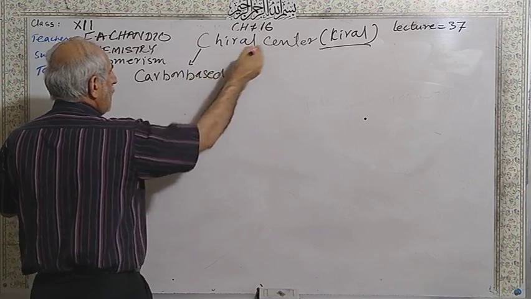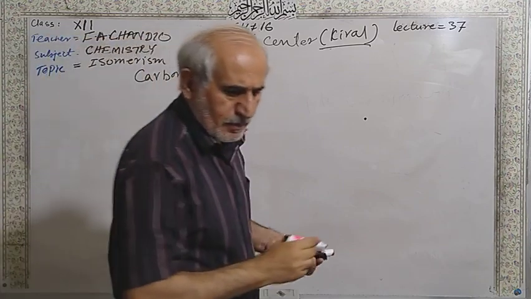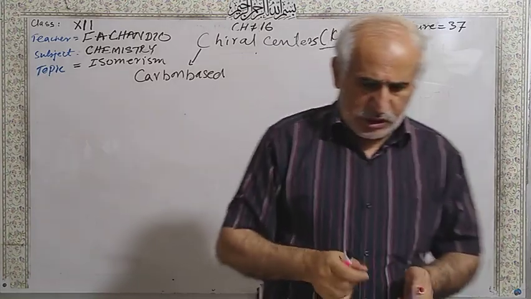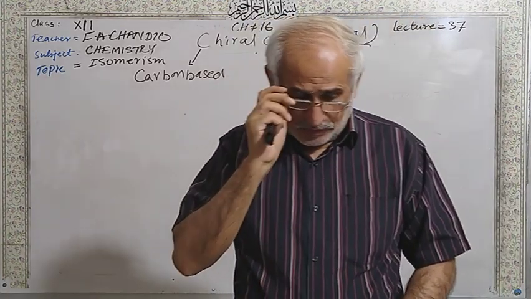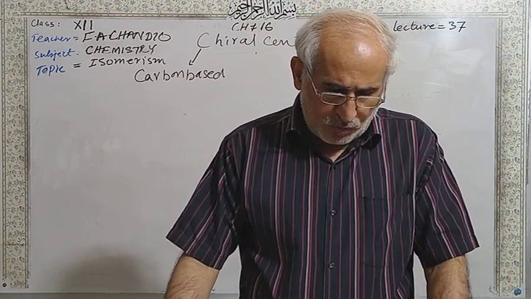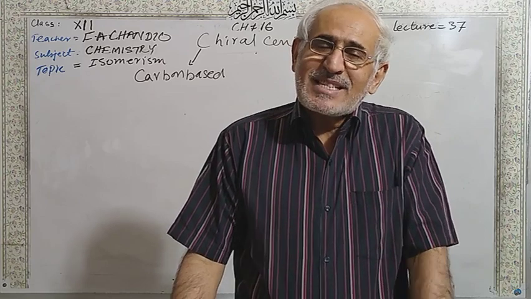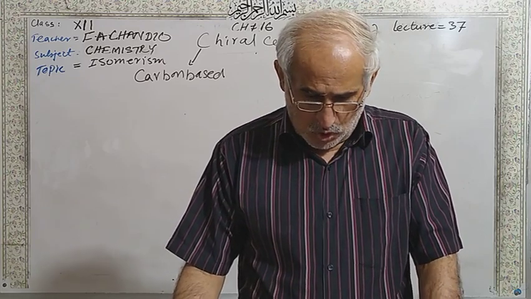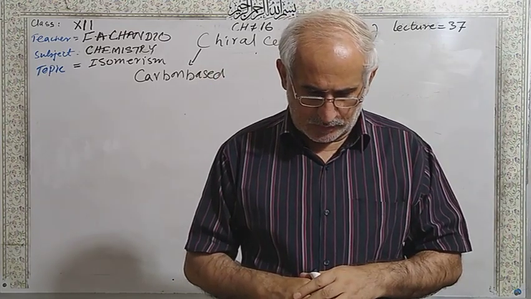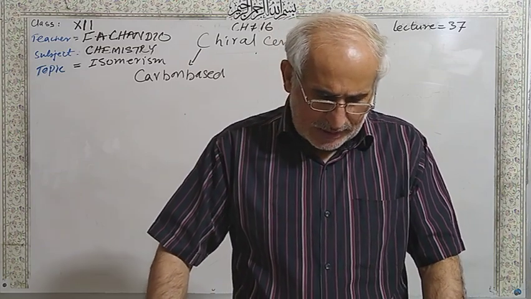For instance, we have examples here. A carbon atom which is bonded to 4 different groups, asymmetric. 4 different groups and an asymmetric carbon atom.